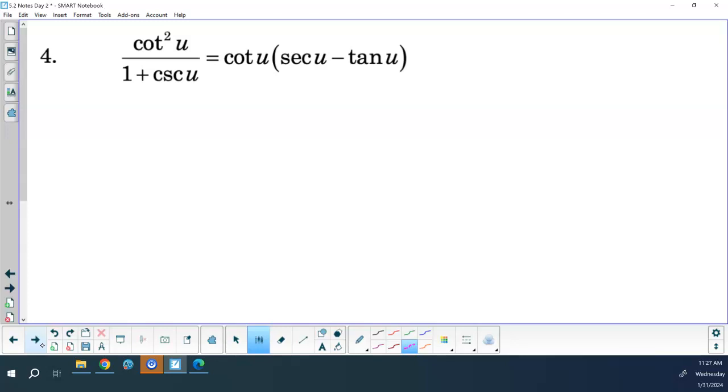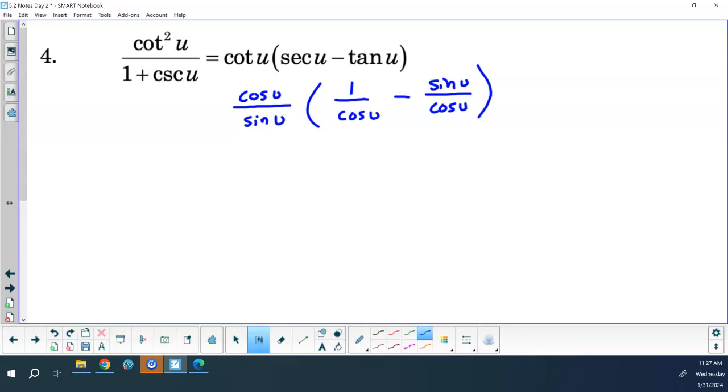Okay? So I would say here that the cotangent of u is the cosine of u divided by the sine of u. Secant is 1 over the cosine of u. Tangent is minus sine of u cosine of u.